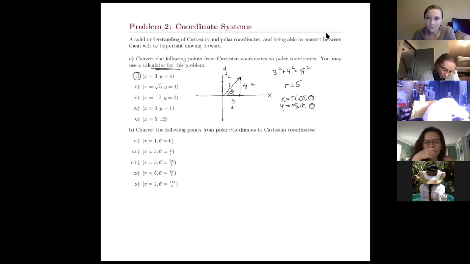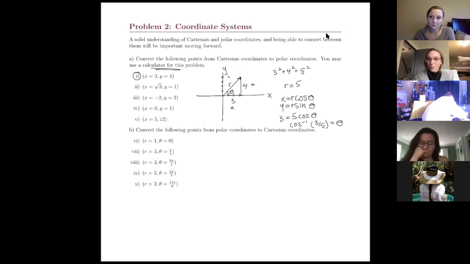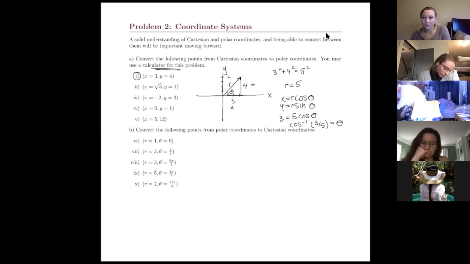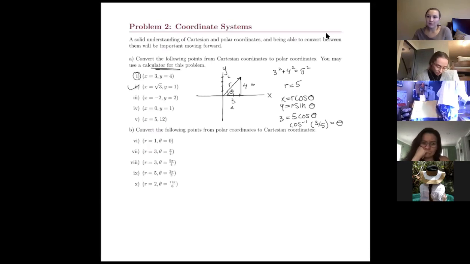But you just plug in your x is 3, your r is 5, cos theta. Just put that on the other side. You have arc cos of 3/5 equals theta. I don't know that off the top of my head, but you just plug that into your calculator and it will tell you. Some of these are going to be nicer, but that is the same process for all of them.